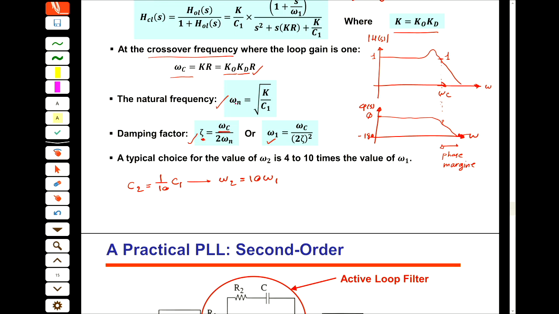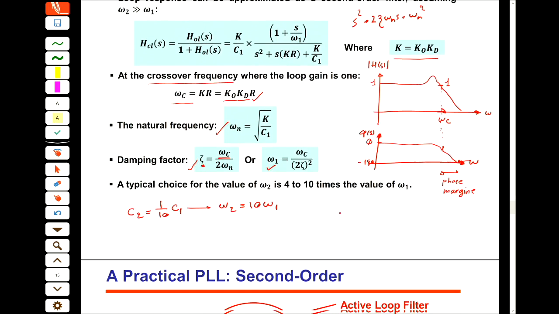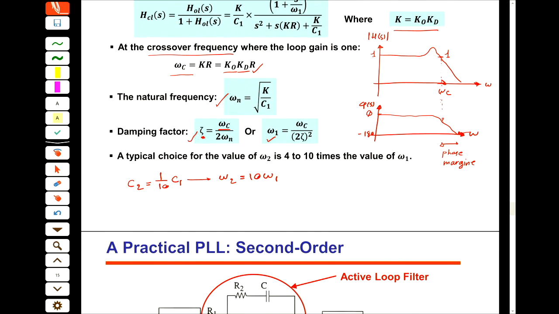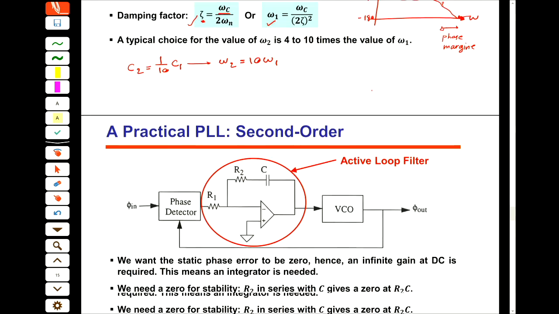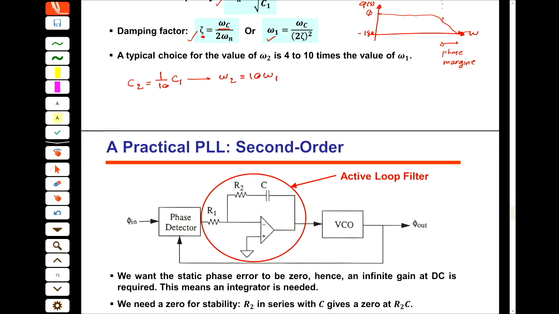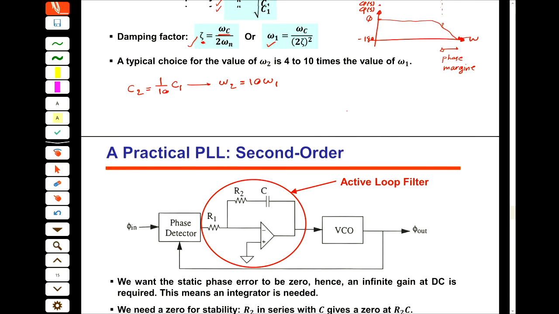And based on this, we can calculate C1. When we calculate C1, then we say that C2 is also 10 times, or 5 times, or 20 times smaller than that, and then this filter is done. Any question on this? Clear? Good.